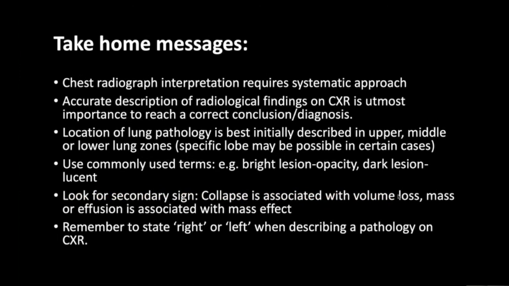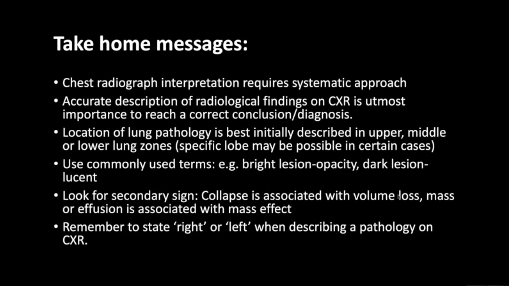Now, the take-home messages are: chest radiograph interpretation requires a systematic approach. Accurate description of radiological findings on chest radiograph is of utmost importance to reach a correct conclusion or diagnosis. Location of lung pathology is best initially described in upper, mid, or lower zones. Specific lobe may be possible in certain cases.